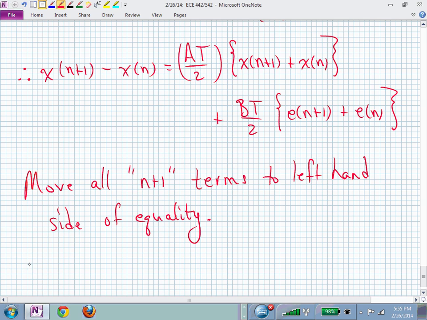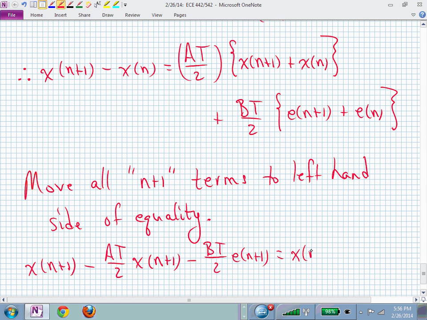Which now leaves me with x of n plus 1 minus AT over 2 x of n plus 1 minus BT over 2 e of n plus 1. And now let me put all the other x of n's and e of n's on the right-hand side.